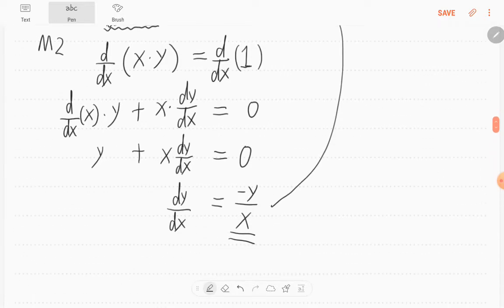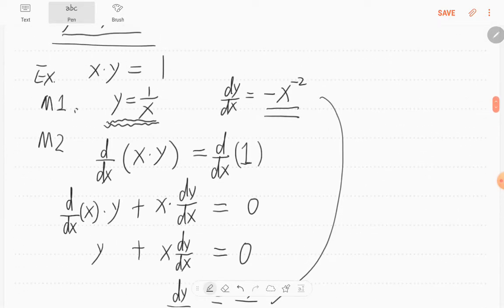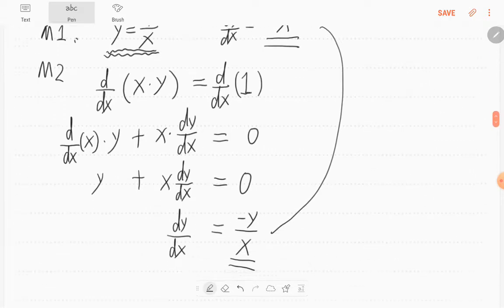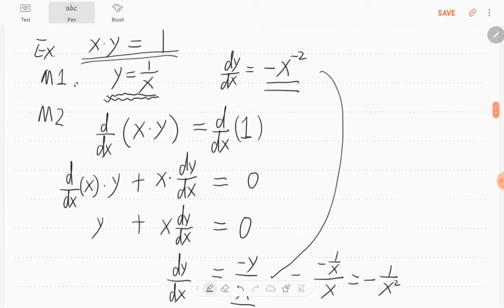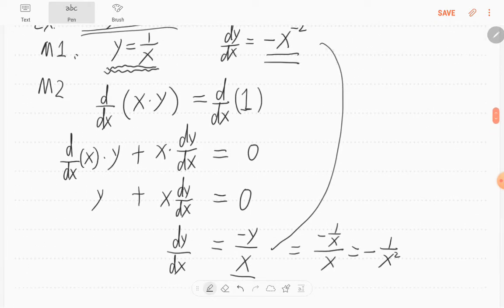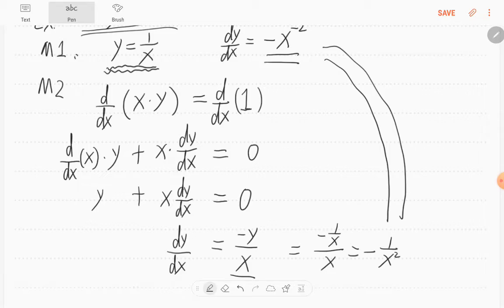We know y equals 1 over x from the original equation, so plugging in, we get negative 1 over x divided by x, which is negative 1 over x squared. So you see, these two are exactly the same.